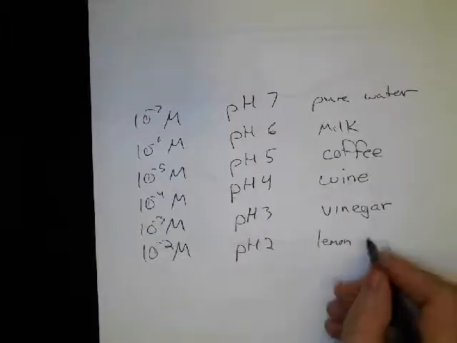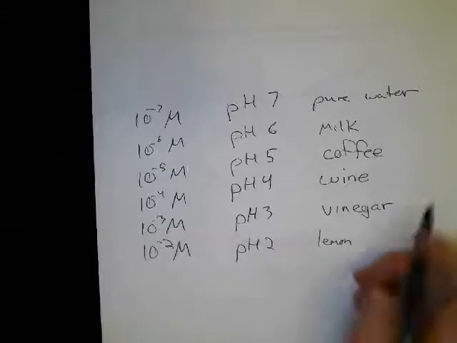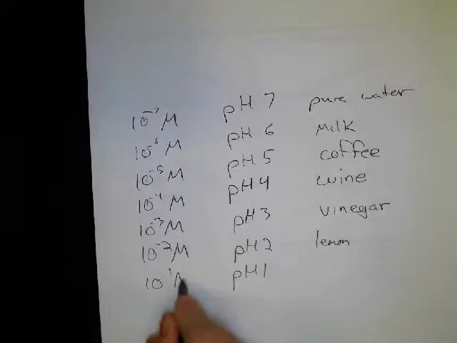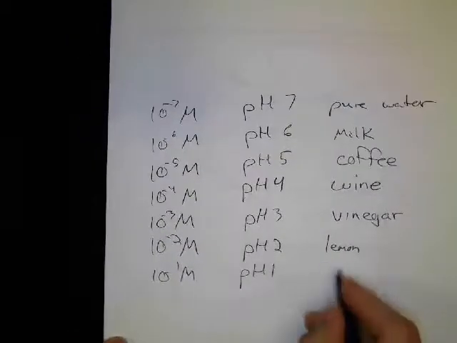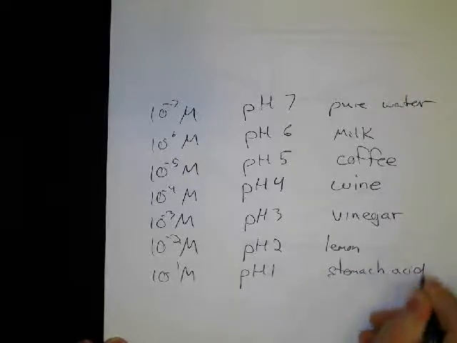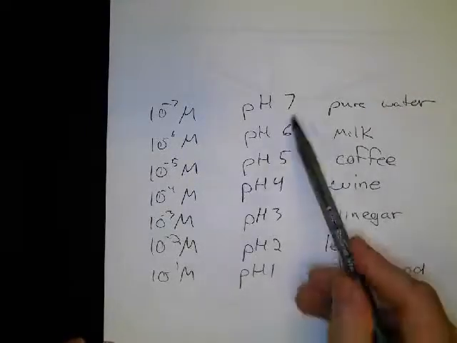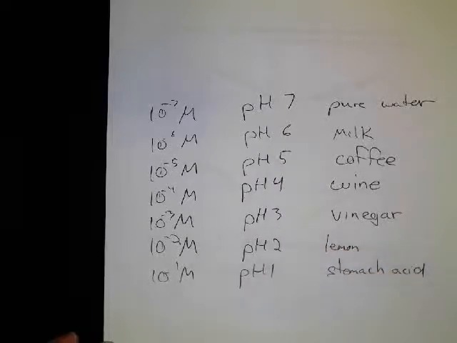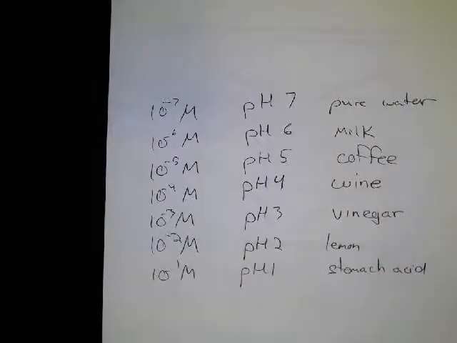Okay. If you get down into pH 1, which is 10 to the minus 1 molar, okay, that's like what's in your stomach. Stomach acid is very acidic. What are we at now? 10, 100, 1,000, 10,000, 100,000. So stomach acid is 1,000,000 times more acidic than pure water.